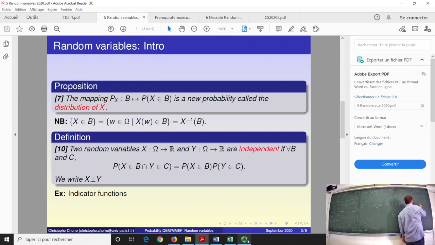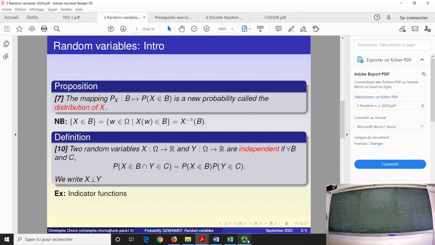Empty set. So I can say that X minus 1 of Bn is a sequence of pairwise disjoint sets. And why do I want this? Because now I know that the preimage by X of the Bn is a sequence of pairwise disjoint sets.